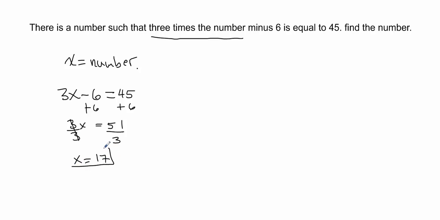And how do you know if this is correct? Well, it says 3 times the number. So if you multiply this by 3, you should end up with, let's see, let's just do it by hand. 3 times 17. 3 times 7 is 21, carry the 2. 3 times 1 is 3, 4, 5.